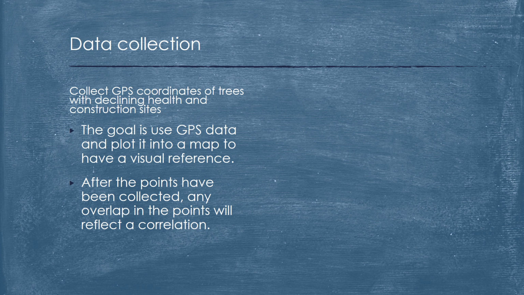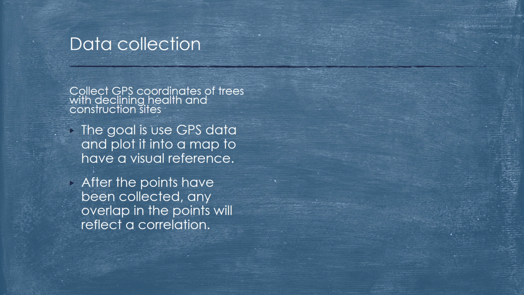So for our data collection, we went out and collected GPS coordinates of trees that weren't looking too good, that had lots of health problems or dead limbs, too much moss, and various other things. The goal of collecting the GPS data was to plot it on a map in ArcMap.